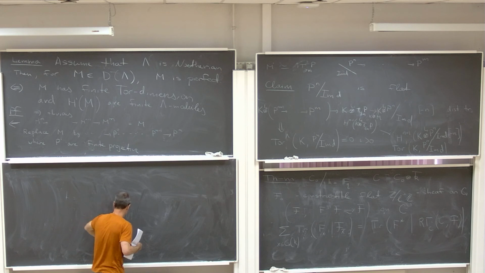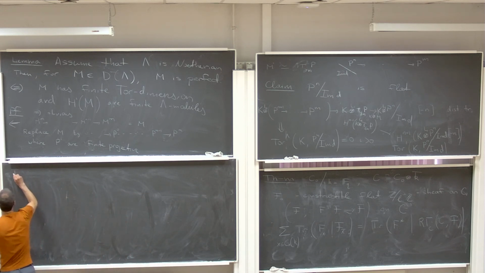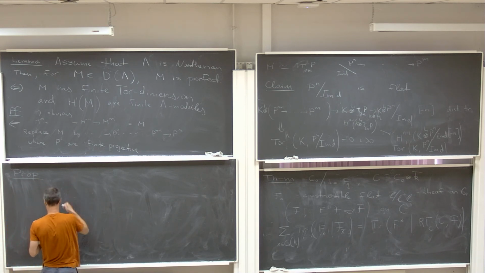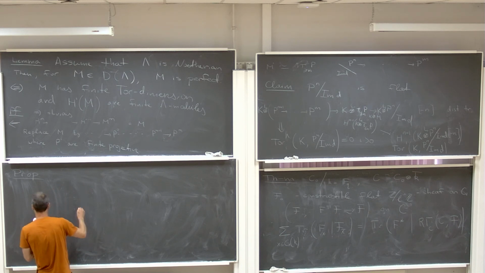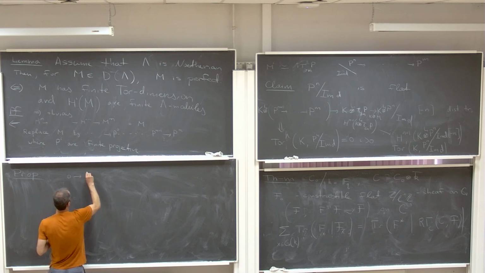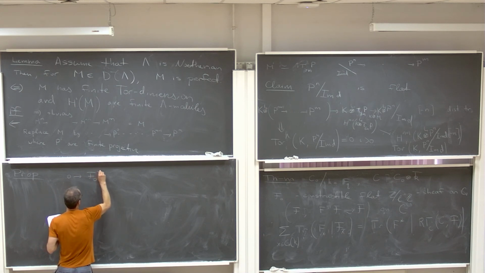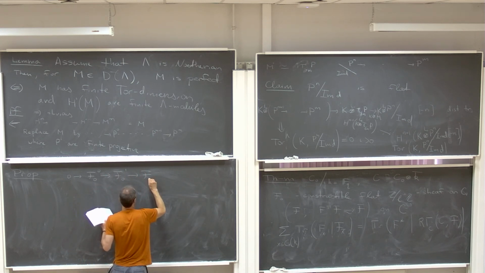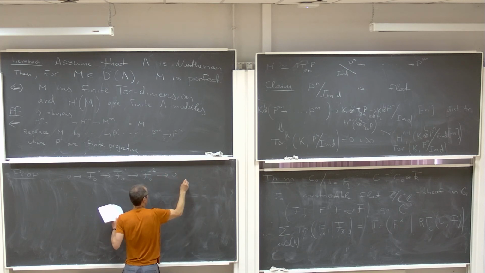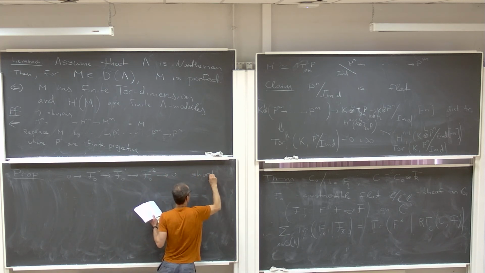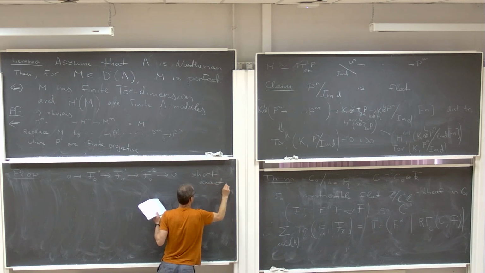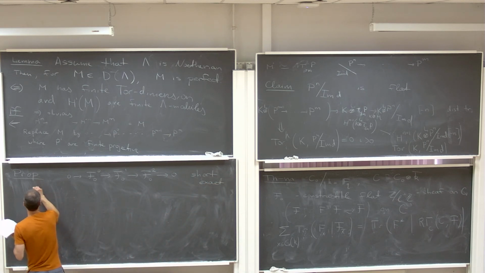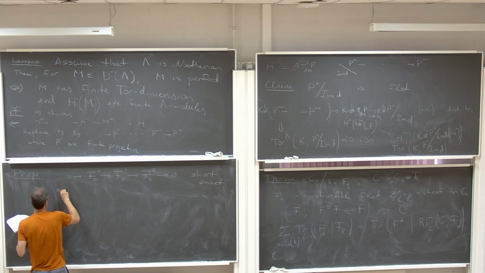Good. So proposition. Suppose I have a short exact sequence 0, F0,0, F0,1, F0,2, 0, and the F0,i are flat.